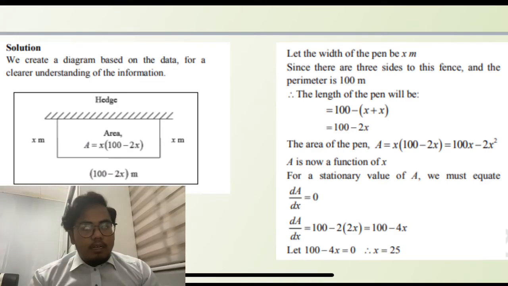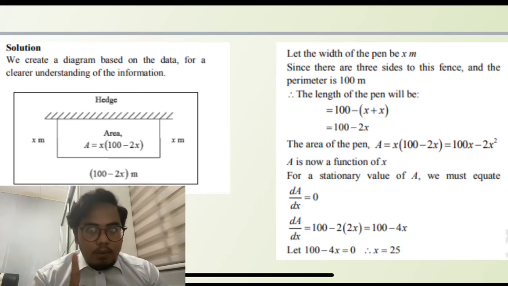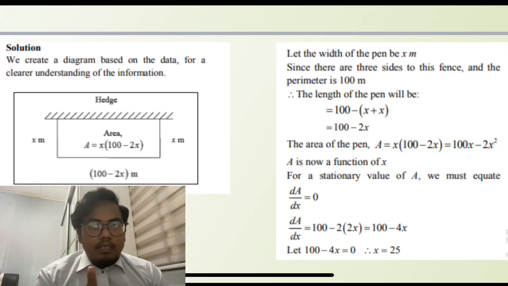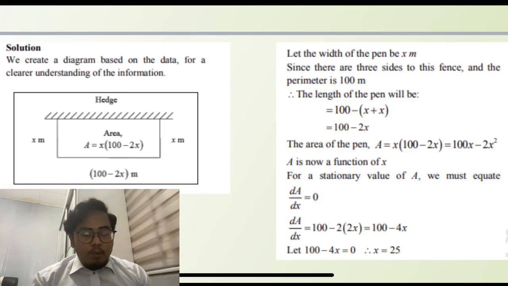How do we get the area? Area is width multiplied by length. One side is x, so the width is x and the length is 100 minus 2x. We just multiply them. The equation of area that we get is 100x minus 2x squared.